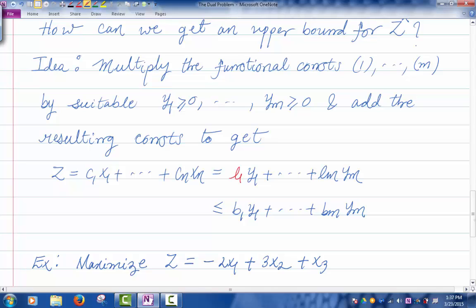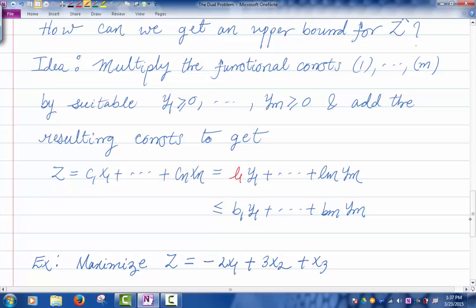So our idea that we learned from the first example was to multiply the functional constraints by suitable numbers y1 through ym and add them together, and you get a bound for the objective function. It seems like it fails in this example. So what should we do then? Well, is my idea totally hopeless?